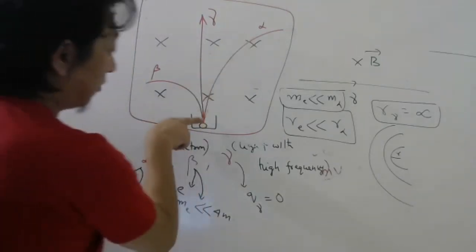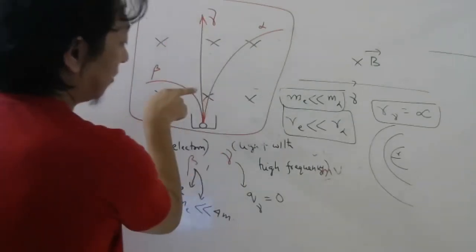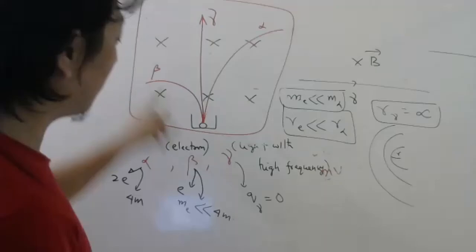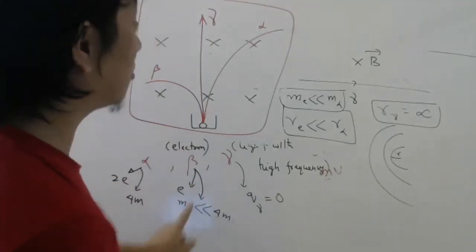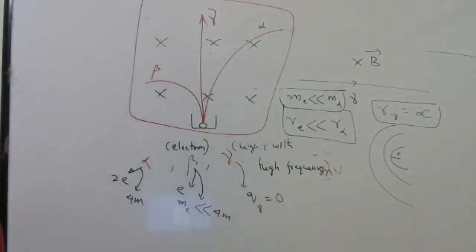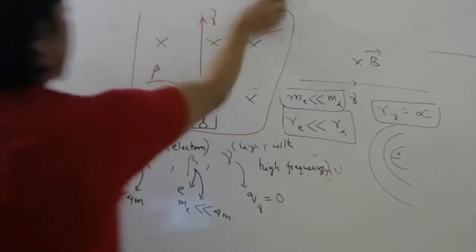If alpha feels force this side while going this way, alpha will turn this way. But beta is electron, so it has negative charge, so it will feel force the other way and turn like that. So what is the answer? Electron, option B. Last question we will do, question number 5.